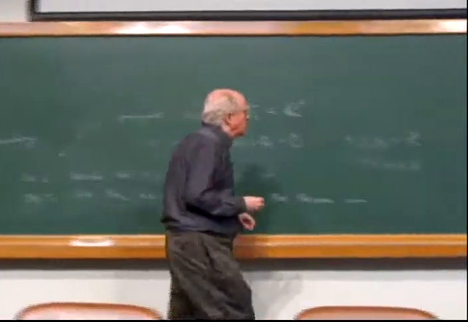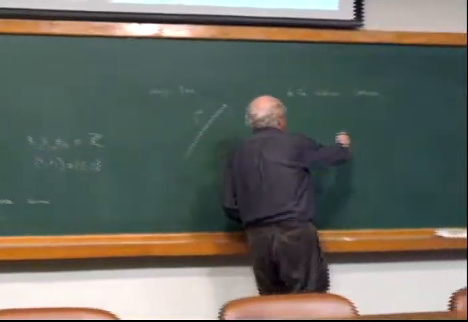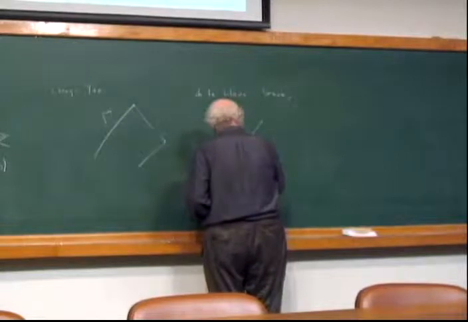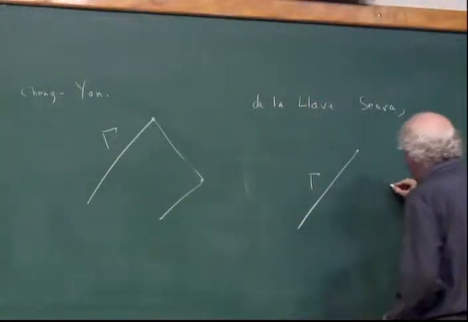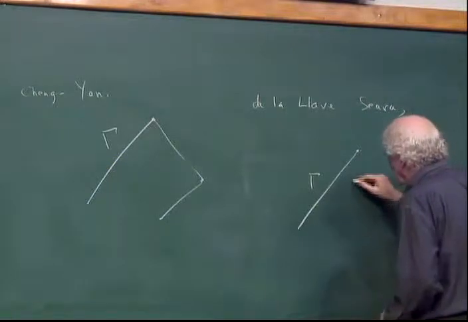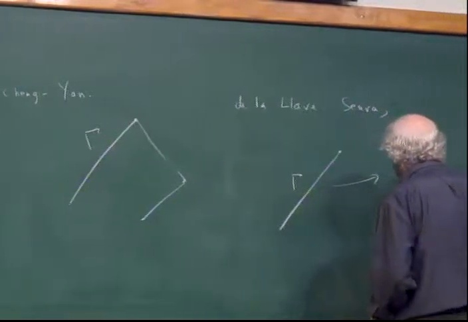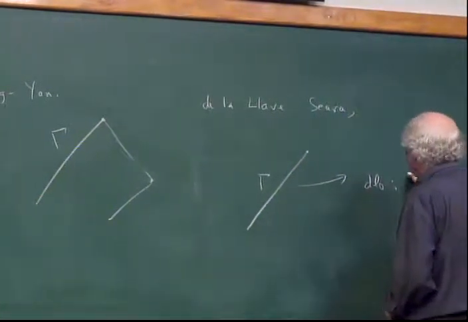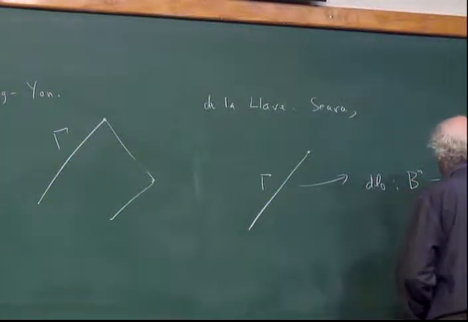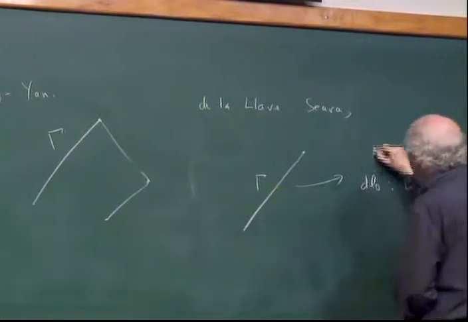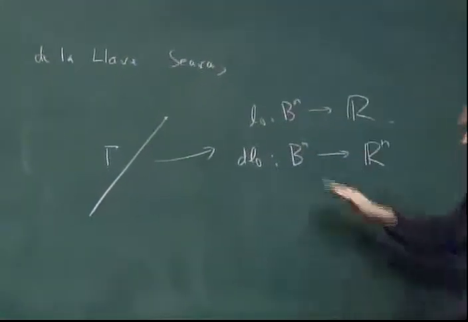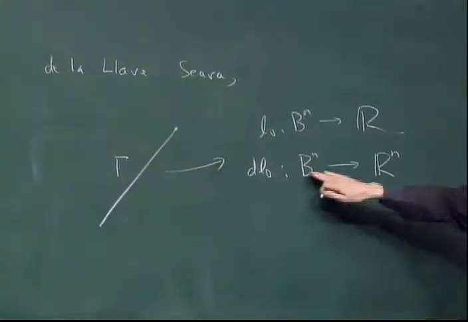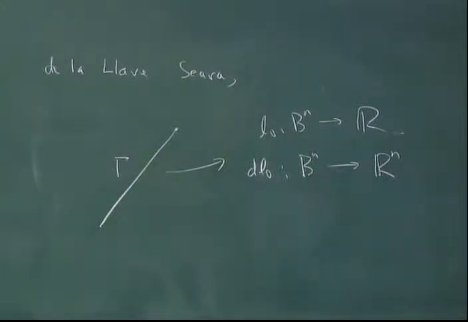So I start with this line, gamma, that I keep drawing. Then I can take DL0. L0 is a mapping from Bn to R, so if I take its derivative, DL0 maps Bn into Rn.